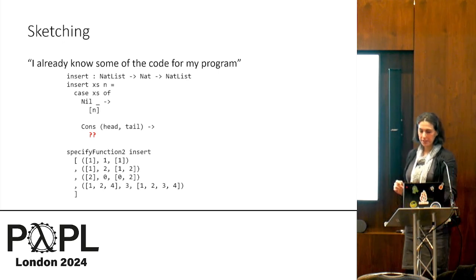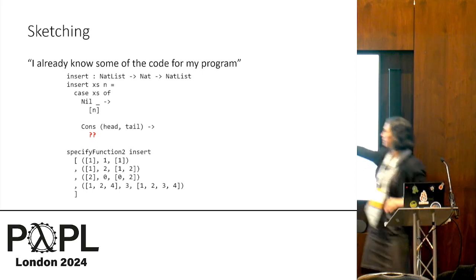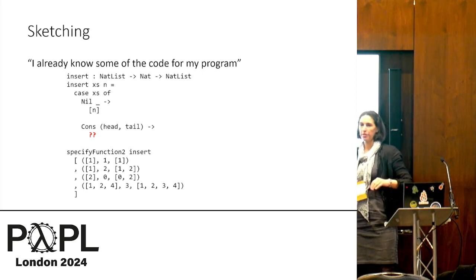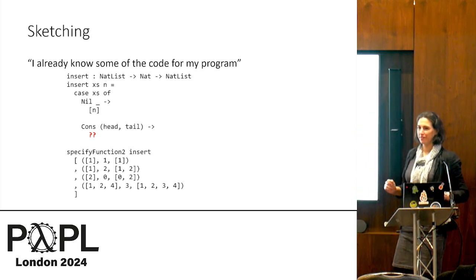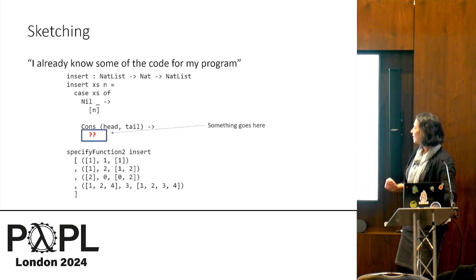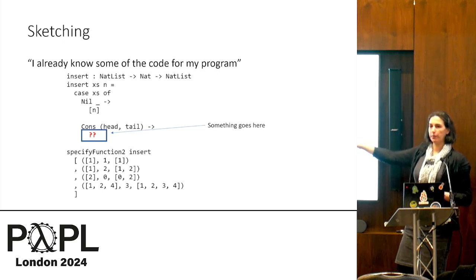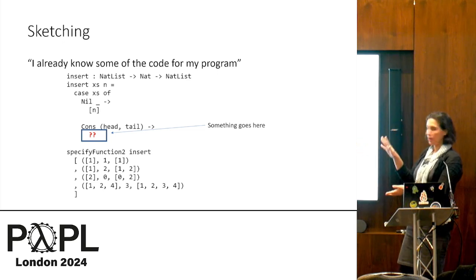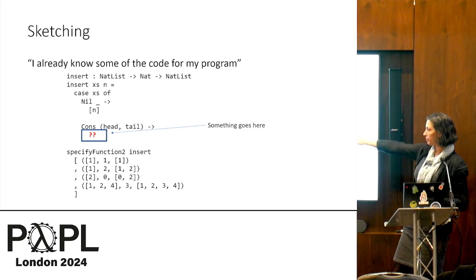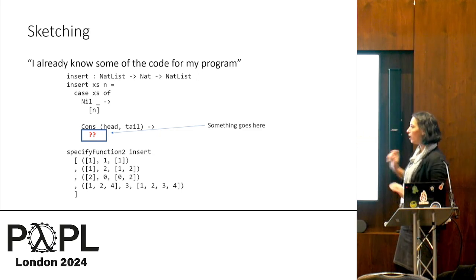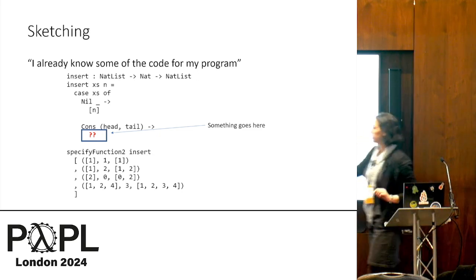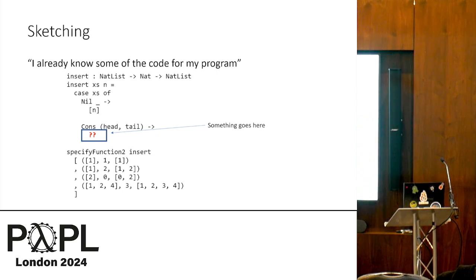So I would say something like, this is a sketch that I borrowed from Smith's demo page because it was a really convenient place to grab it from. And I'm going to say that there's something that I don't know and I would like the synthesizer to fill in that goes here. And I'm not going to explain to the synthesizer specifically what this little hole, we call this the hole in the sketch, should do.